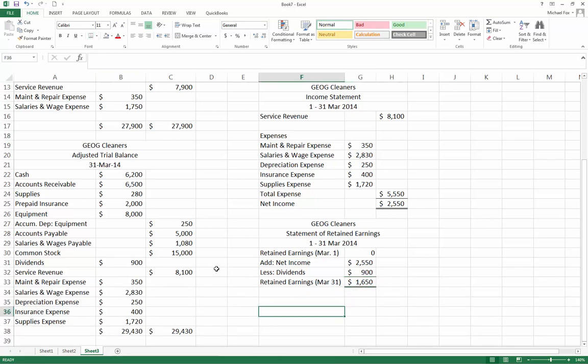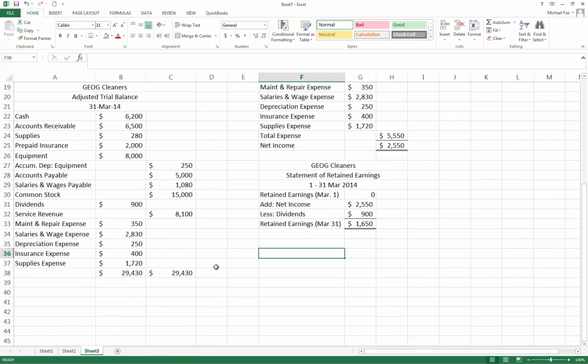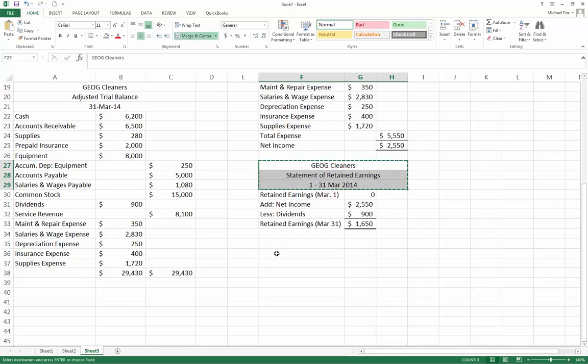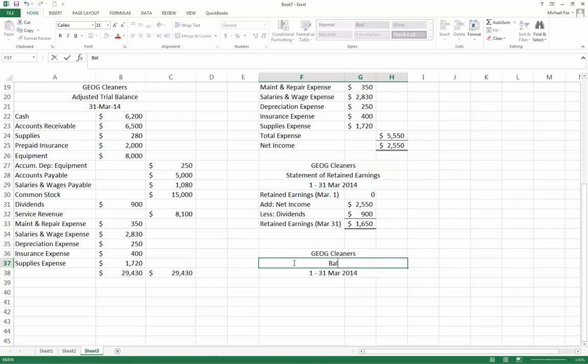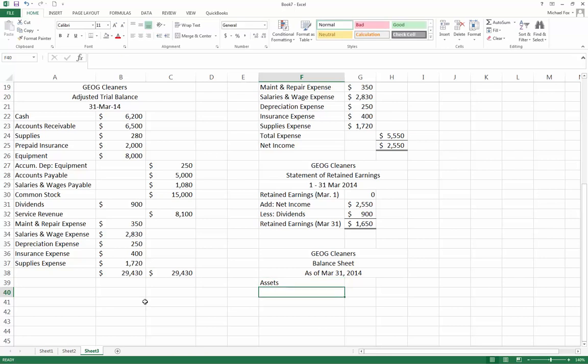Then the last thing we have to do is a balance sheet. Again, we have all the info already available to us. So let me just copy the header one more time. All right, we'll start with assets. I'm not sure if they want us to do it. They do.